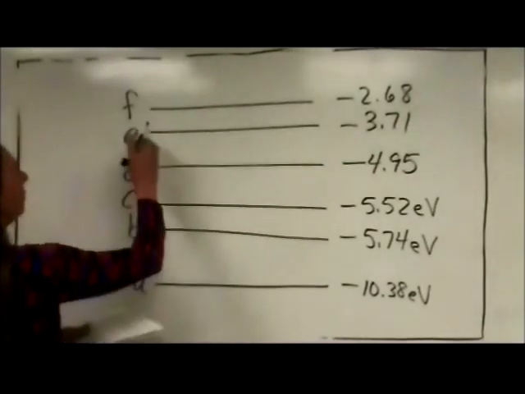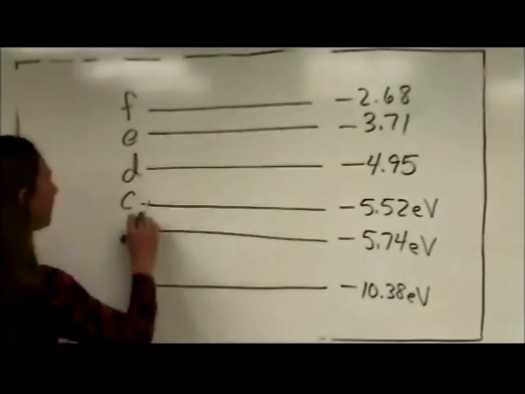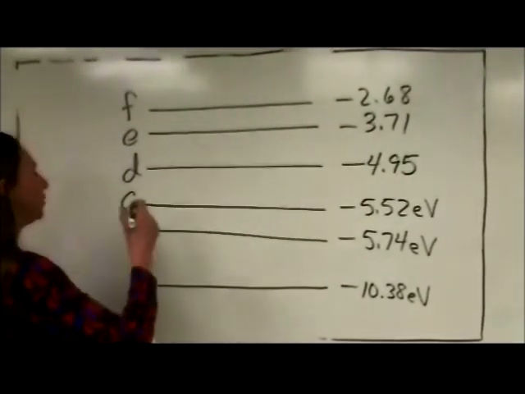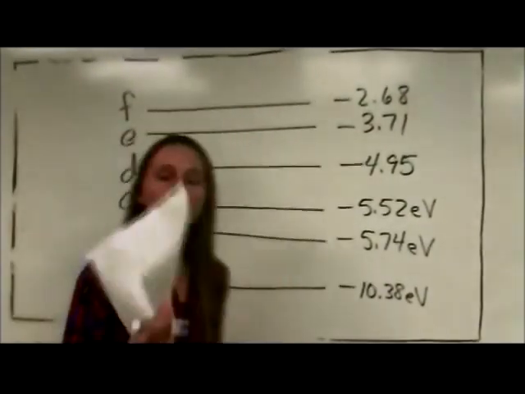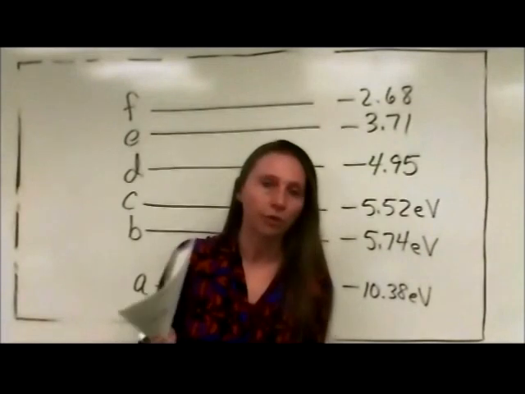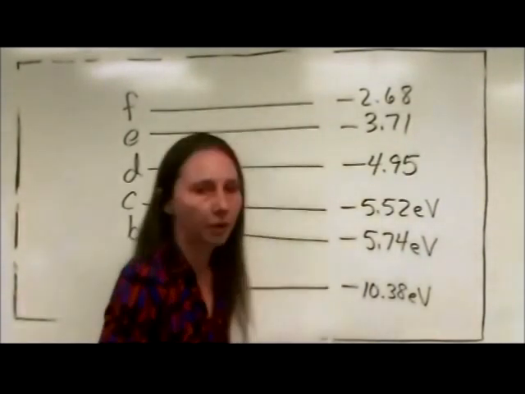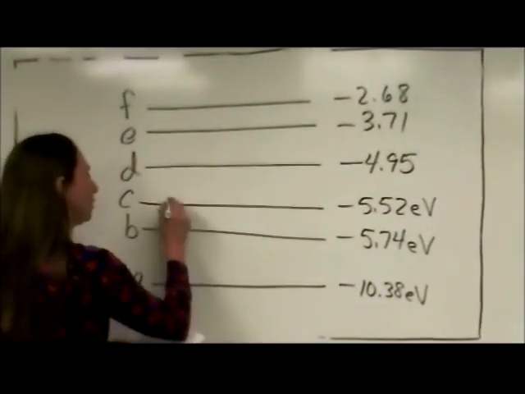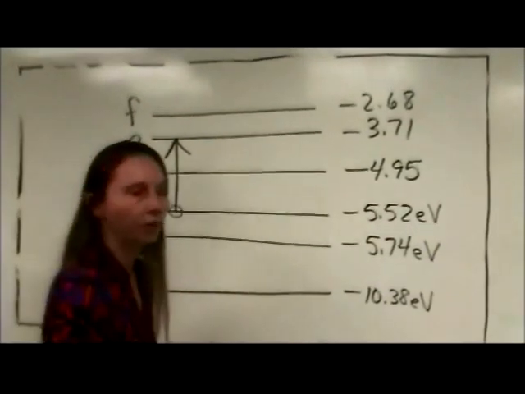So, what if they were to ask you, an electron transitions from, let's say, C to E? One of the first things you could do is draw on your actual chart on the reference tables. Remember, these reference tables are yours during that Regents exam. Draw all over them. Whatever helps you to answer these questions correctly, go for it. So the electron goes from C to E. Now you have to be careful.